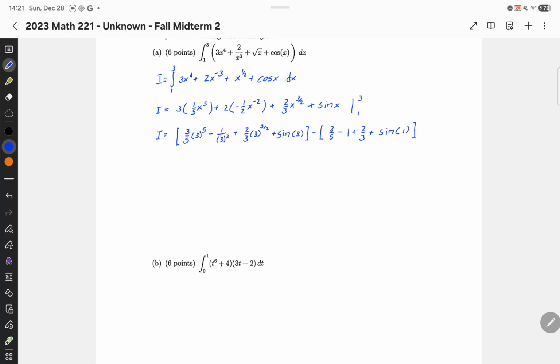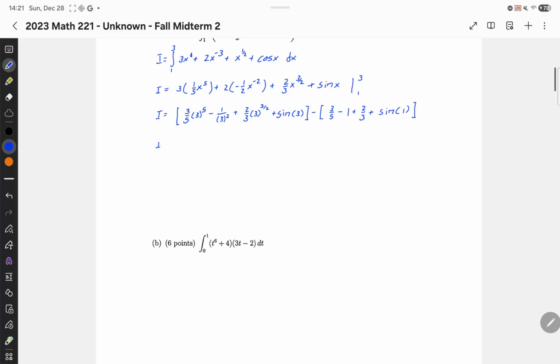And now let's go ahead and start simplifying just a bit. So in this first bracket, 3 times 3 to the 5th is going to be 3 to the 6th over 5. And then we are going to subtract from this 1 over 9. We're going to add this 3 to the 3/2 divided by 3.